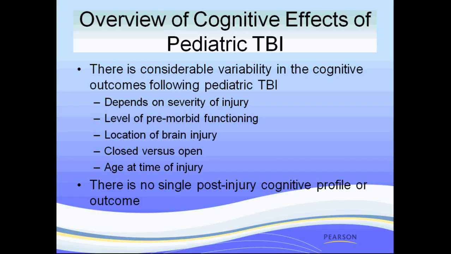And, of course, the location of the brain injury. Typically, when we think of brain injury, we think of closed head injuries, like you sustain in a car accident where you hit the front of your head on an object, and those typically result in specific types of injury in terms of the parts of the brain involved.